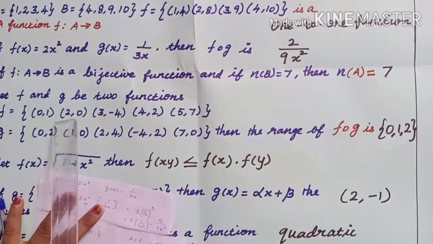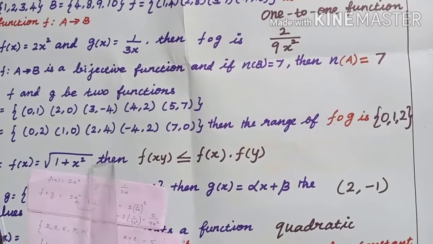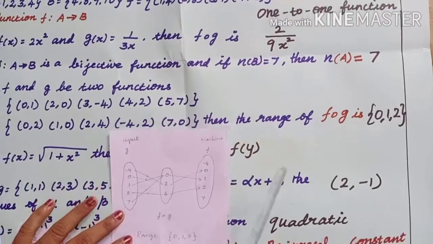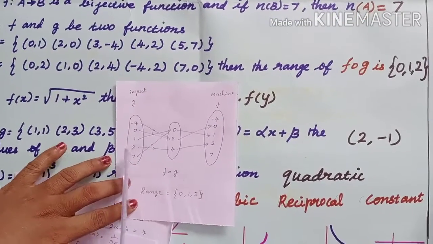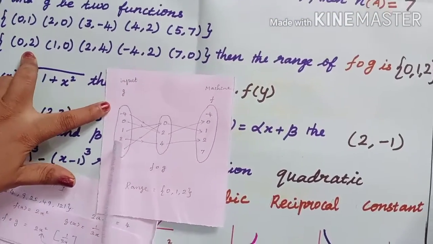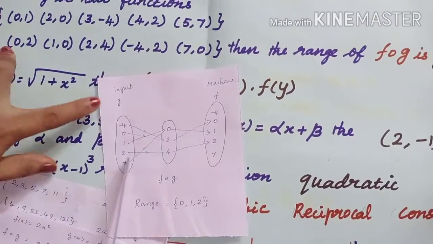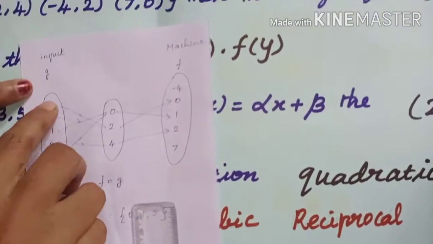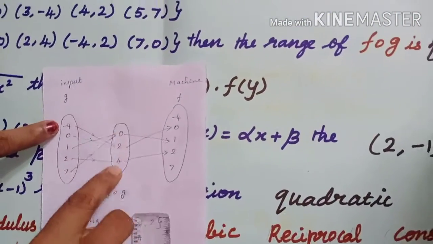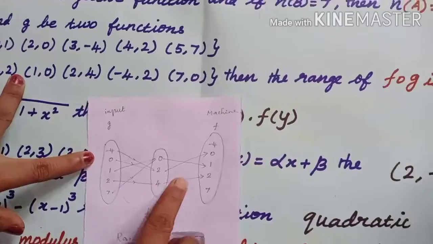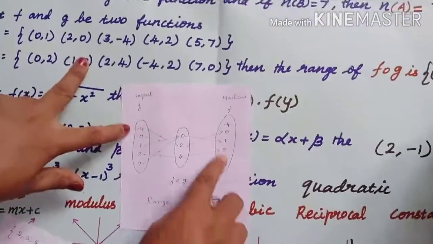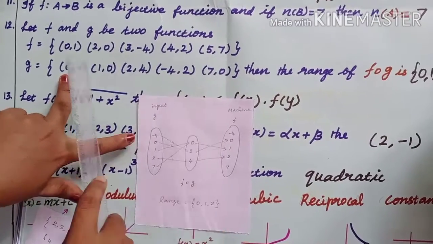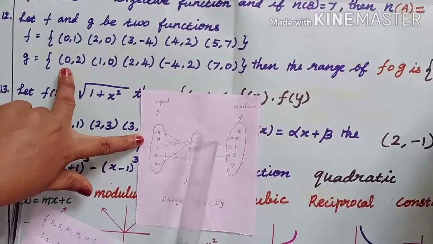So the 12th one: F and G are two functions, you find out the range of F compose G. So G is the input function, so I write G here by using these values. First values I write in this domain. Second values I write in this domain. And F values I write in this domain. So I go through all the ordered pairs, I pair them.